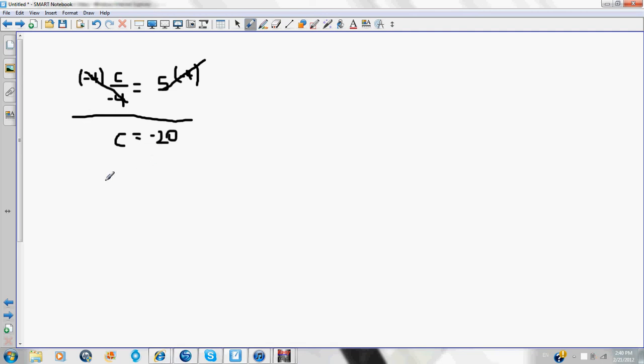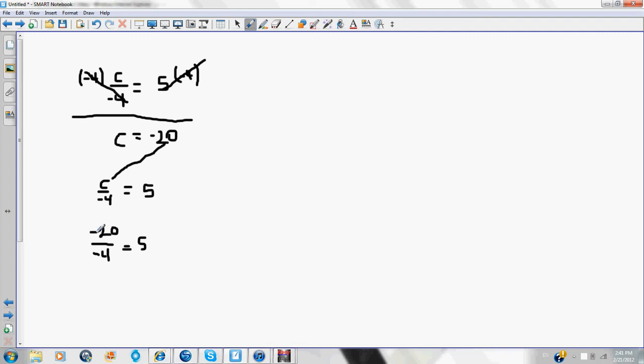So we come back over here and we check with the original equation. c over -4 is equal to 5. We're going to take what we got as our answer, -20, and put it in there for the c. So we put -20 over -4 is equal to 5.